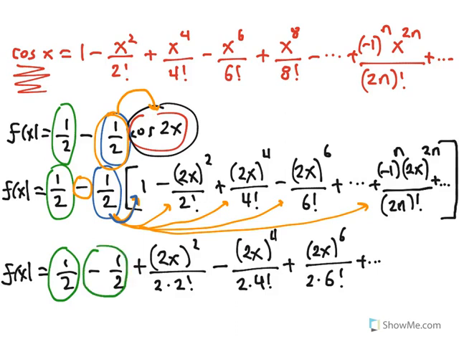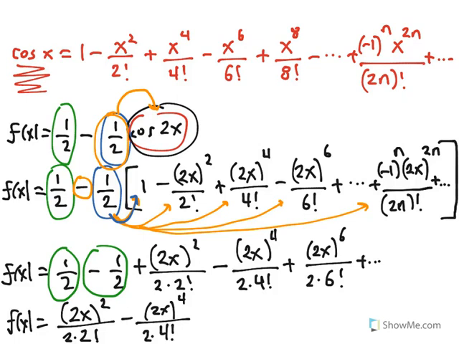So they will add to 0, and you're just left with f of x is equal to the quantity 2x squared, divided by 2 times 2 factorial, minus the quantity 2x to the fourth power, divided by 2 times 4 factorial, plus the quantity 2x to the sixth power, divided by 2 times 6 factorial, and so on. So you can write a description of the nth term.